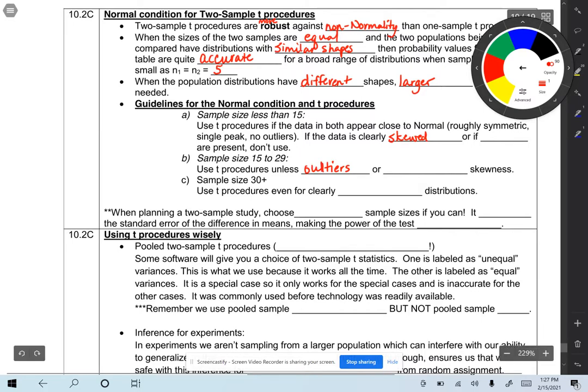Oops, I can't spell here. Outliers. And for sample sizes 30 and larger, use t-procedures even for clearly skewed distributions.